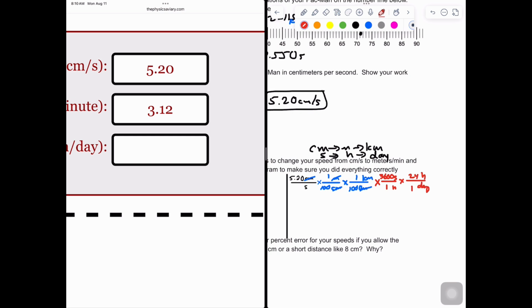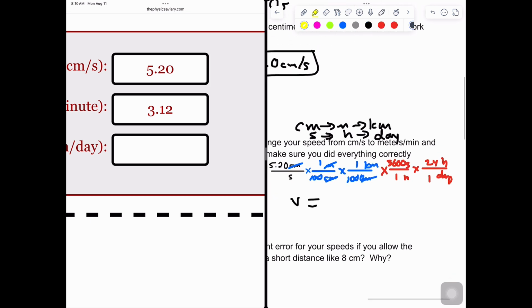Okay, now let's get this all organized here. What I will end up doing is I will be multiplying 5.20 times 3,600 times 24. And then I'll be dividing that by 100 times 1,000, which is 100,000.